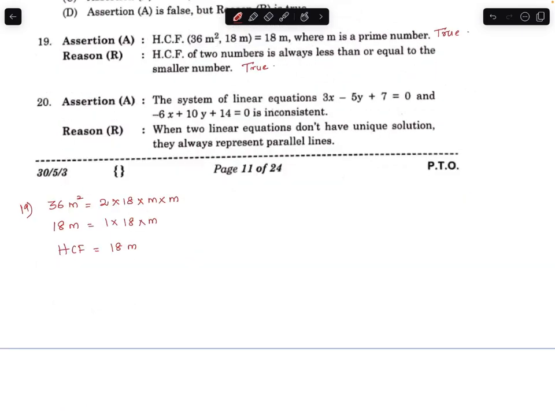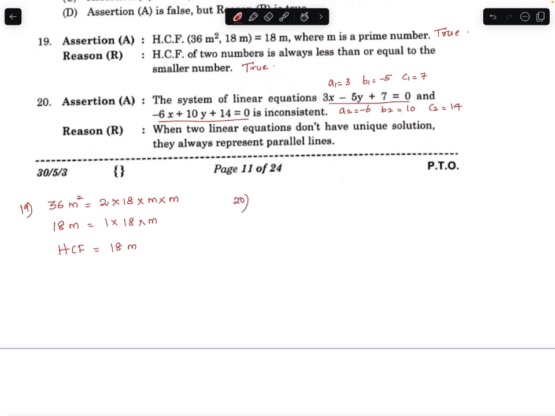Question number 20. The assertion statement says the system of linear equations 3x minus 5y plus 7 equal to 0 and minus 6x plus 10y plus 14 equal to 0 is inconsistent. For the given equations, a1 is 3, b1 is minus 5 and c1 is 7. For the second equation, a2 is minus 6, b2 is 10, c2 is 14.